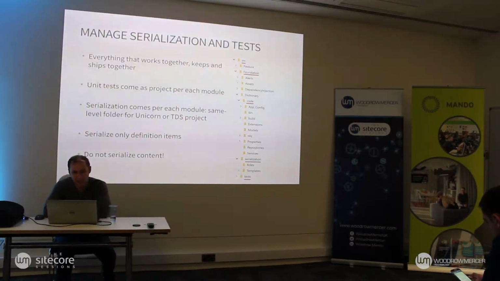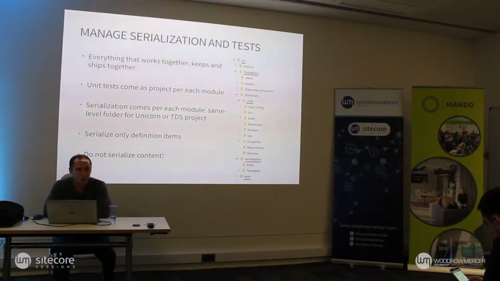That's why we have unit tests together with each of the modules, testing only that particular functionality for that particular module. One important thing to say is you should serialize only definition items. So in Helix we have 2 types of items.